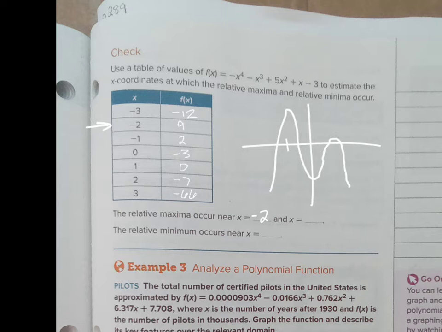And then it looks again as we're going through, we're down here at -3, right? Then we go up to 0, and then we come back down to -7. So it looks like somewhere right here we're going to get another maximum, because again, we're just comparing the y values.